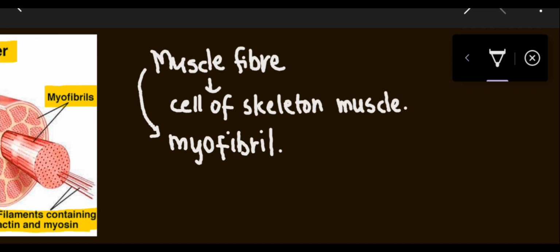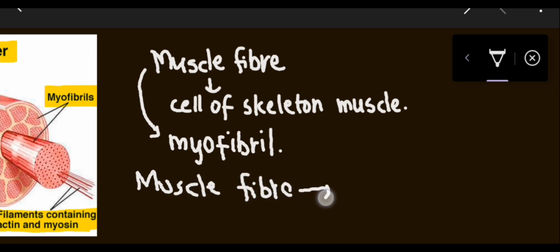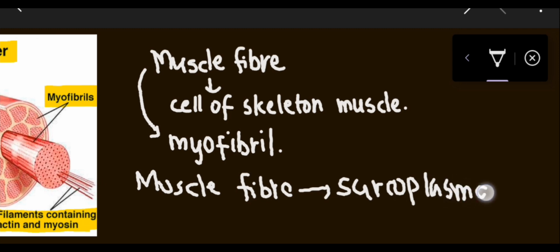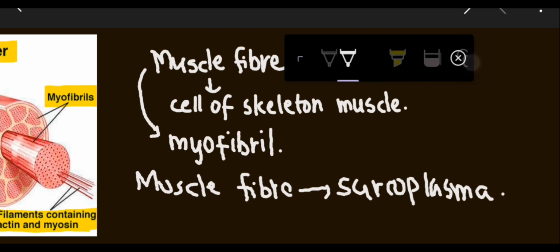Like in our cell we have a covering of plasma membrane, same in the muscle fiber we have a covering of sarcolemma. Sorry, not sarcolemma, sarcoplasm. Sarcoplasm is nothing but the same as plasma membrane. As our cell is covered by plasma membrane, so simply muscle fiber is covered by sarcoplasm.